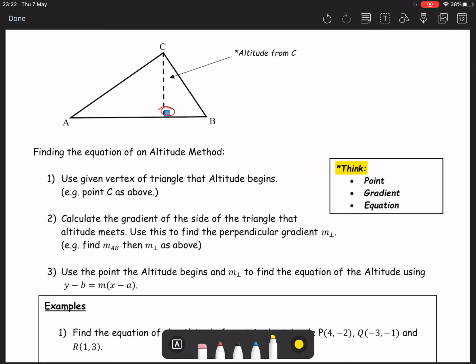For our gradient, we will always have the coordinates of the points A, B. So what we're looking to do is work out the gradient of the line AB, and then to get the gradient of the altitude, we would work out a perpendicular gradient. And using the given point C and the perpendicular gradient, we can find the equation of our line.